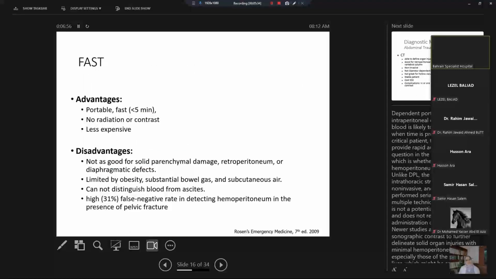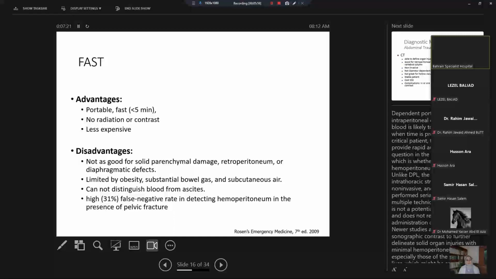So what are the advantages of FAST? Of course, it's portable, it's fast, there is no radiation, there is no contrast, it's less expensive. The disadvantages is that it's not good for solid parenchymal damage or for the retroperitoneum. So as I said, we usually look for the free intraperitoneal fluid.